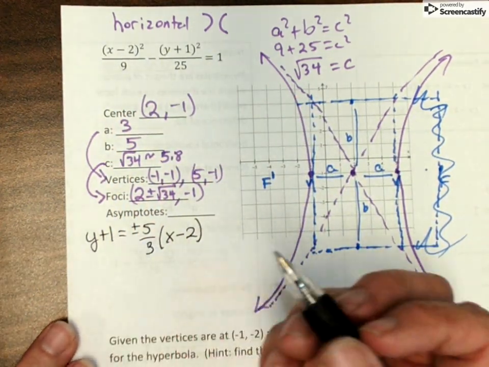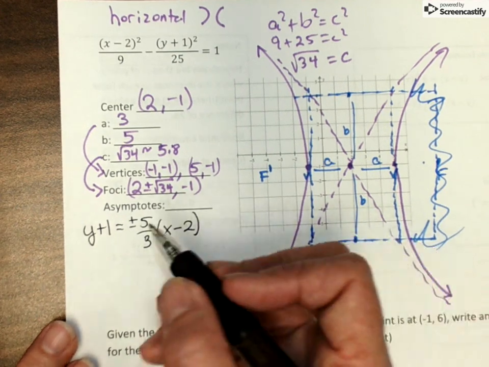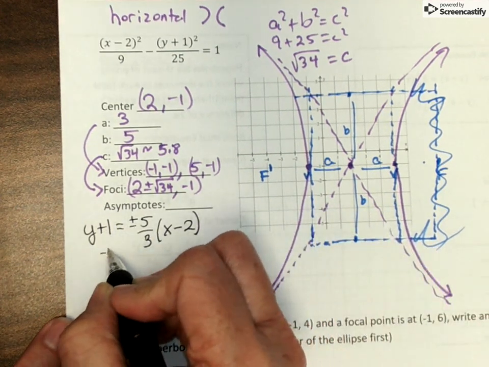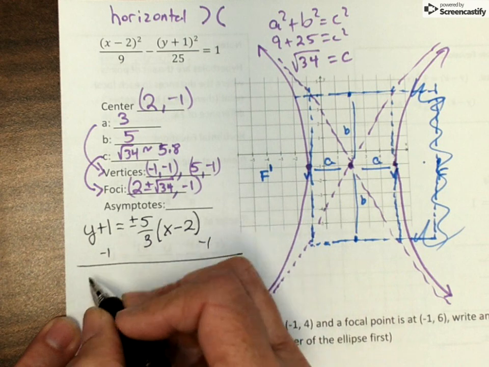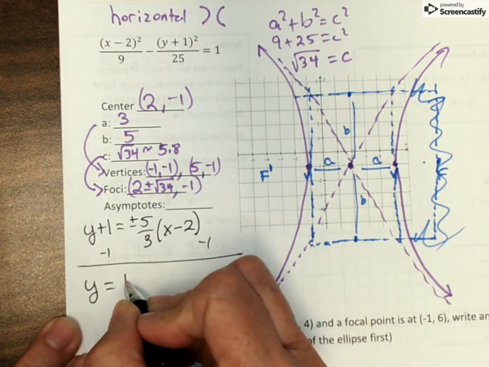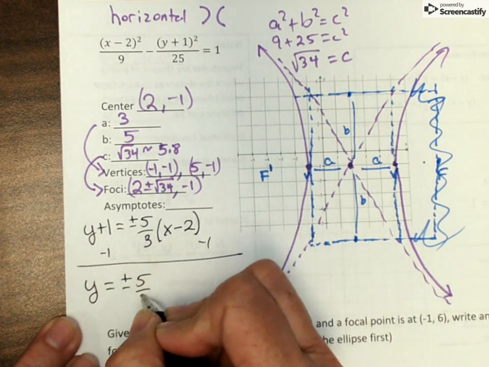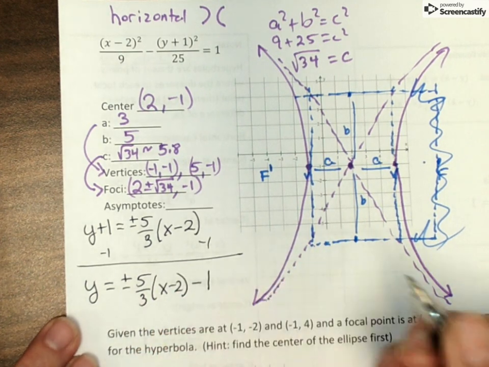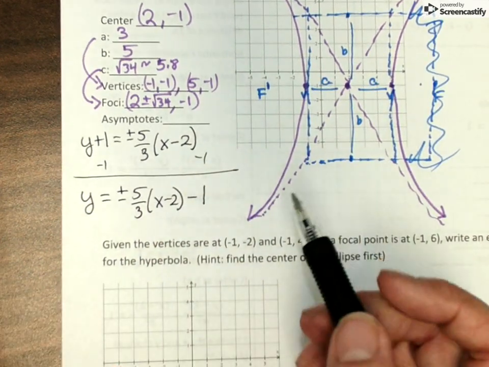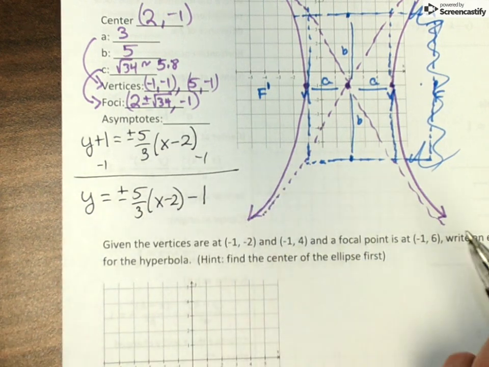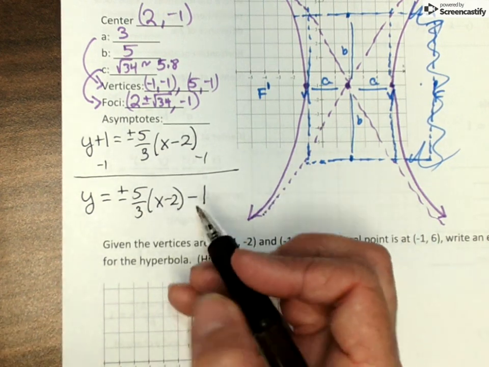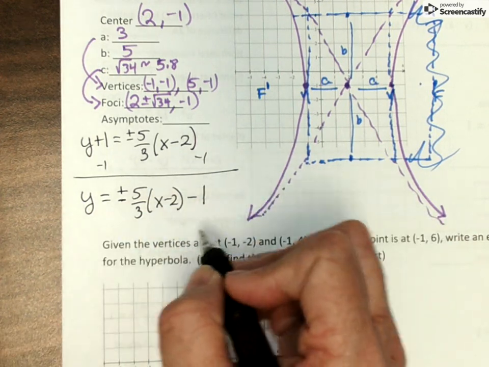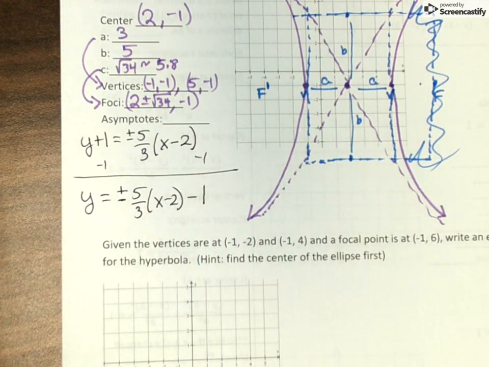Okay, so if I was trying to get the actual equation here, I would want to subtract 1 from both sides to get y by itself. So I have y equals plus or minus 5/3 times x minus 2 minus 1. And we could certainly do some algebra here to rearrange it and get x by itself and have 2 separate equations, but this is good. This tells me you know what you're doing.